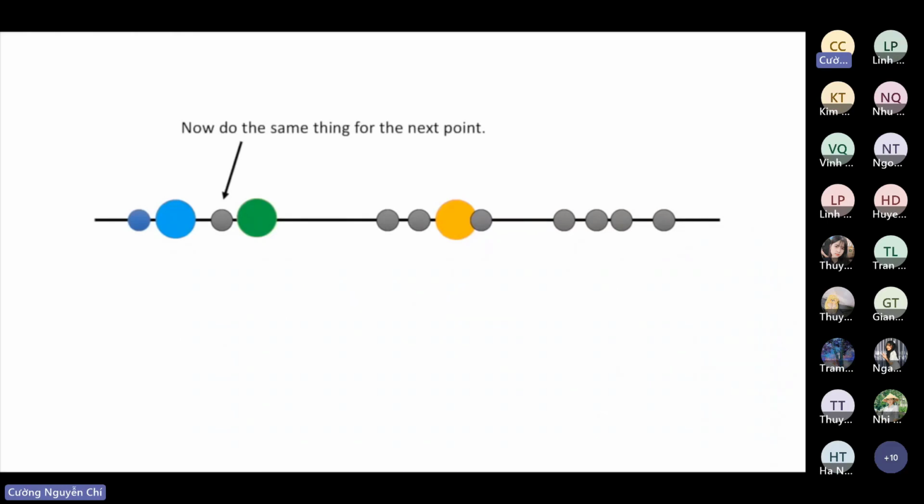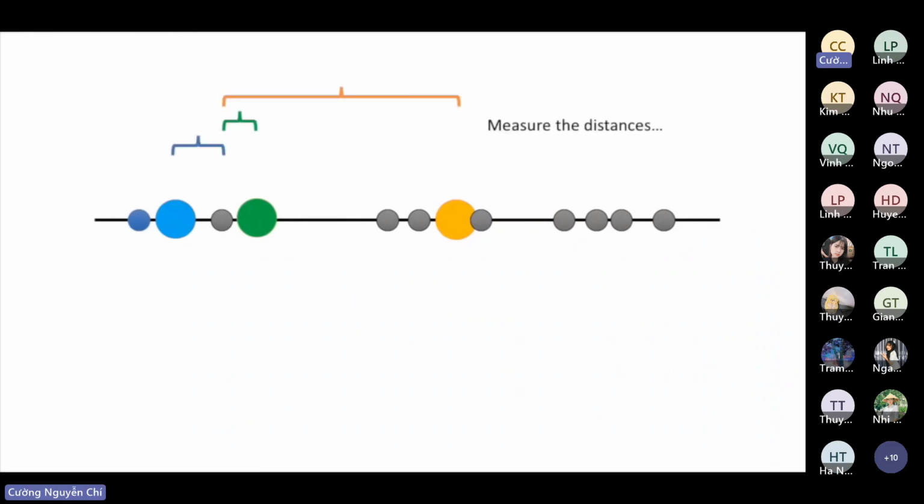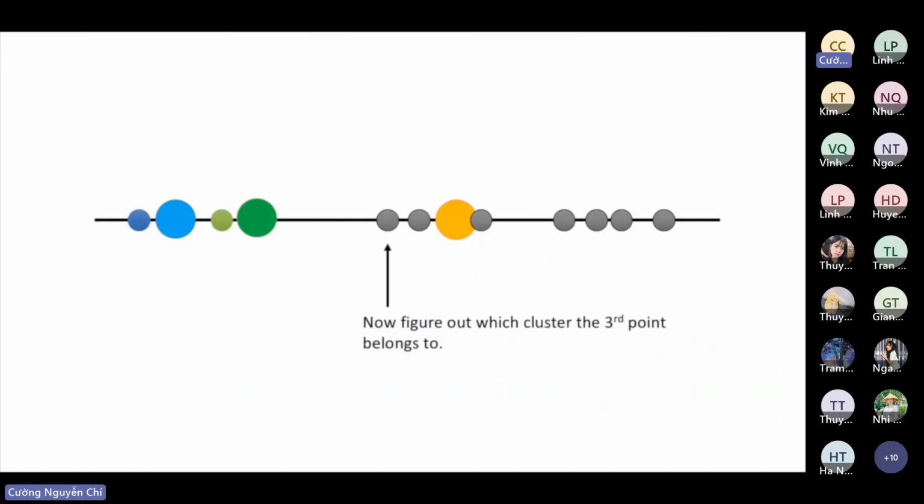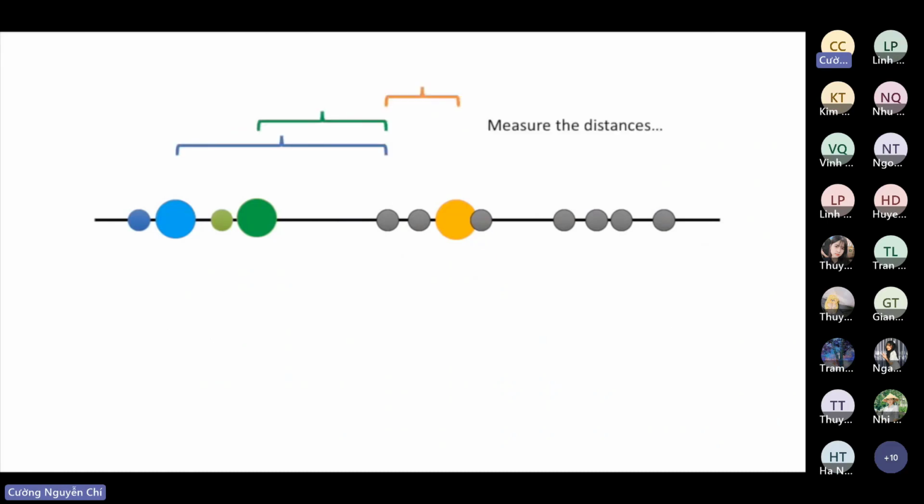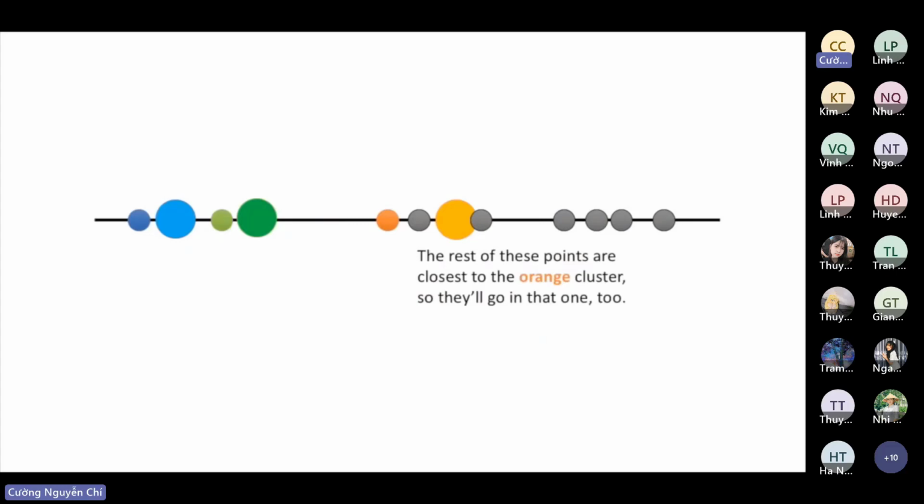Now we do the same thing for the next point. We measure the distances, and then assign the point to the nearest cluster. Now we figure out which cluster the third point belongs to. We measure the distances, and then assign the point to the nearest cluster. The rest of these points are closest to the orange cluster, so they'll go in that one too.